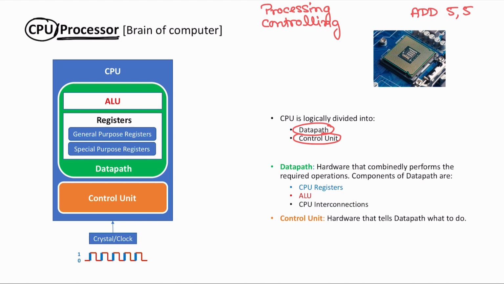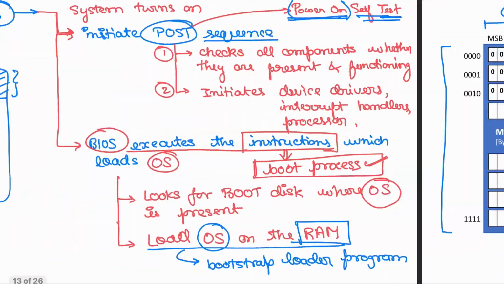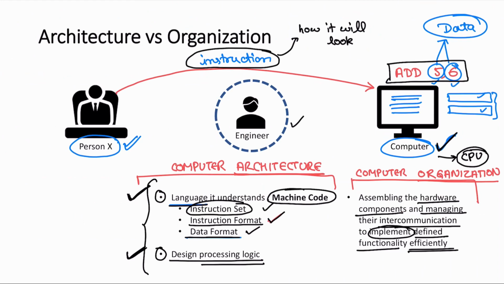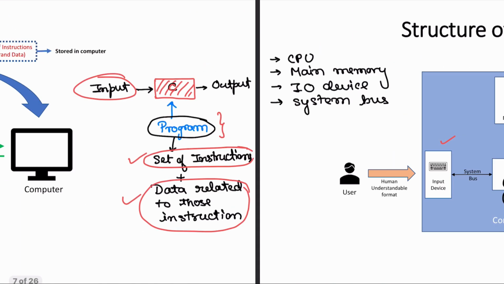Now do you remember when we were building this computer for person X, right? We also designed the processing logic, right? Let me go there as well. It might take some time, but yes, we designed the processing logic, and I also told you that this processing logic will be hardwired in the CPU. Now we are discussing the CPU, right?